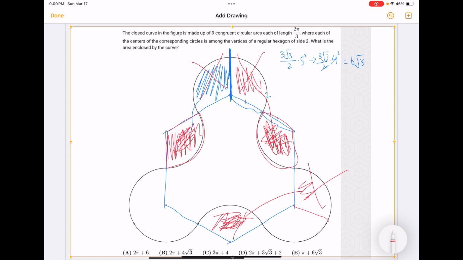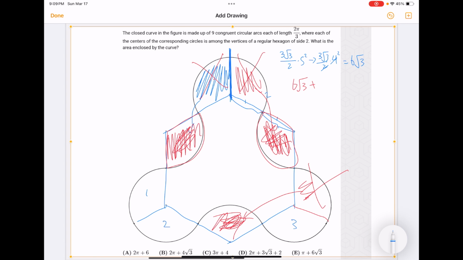This makes everything easier because now we don't have to subtract anything from the area of the hexagon, because we have filled in all the empty places of the hexagon. So we have 6 radical 3, and then we have to add the remaining 3 arcs that we did not add, to solve for the area enclosed by the curve. So we need to solve for arc 1, 2, and 3.